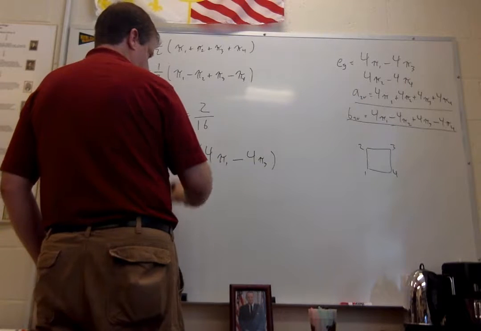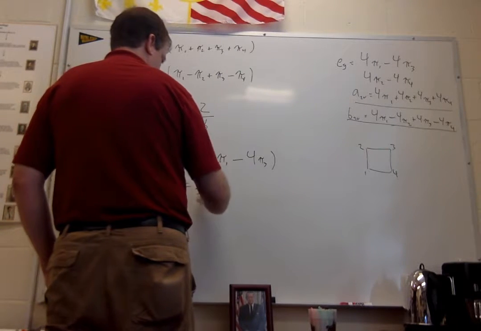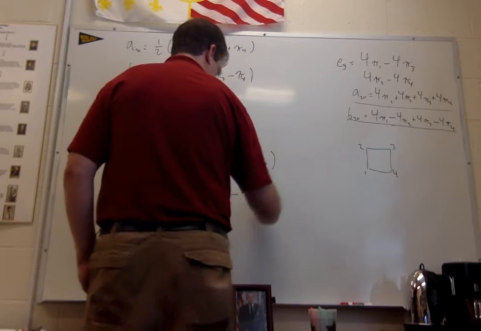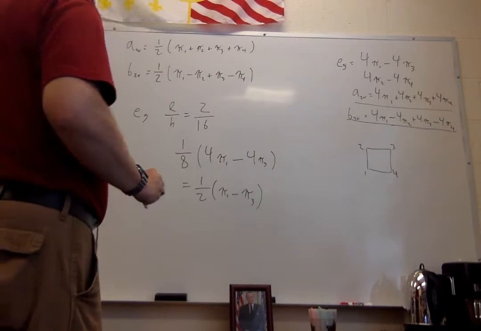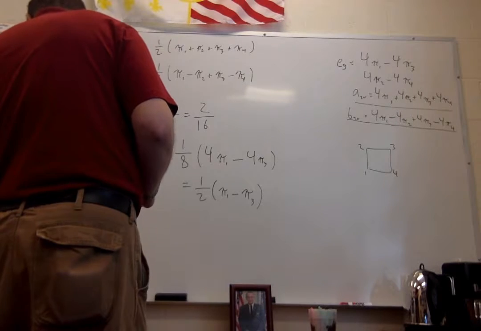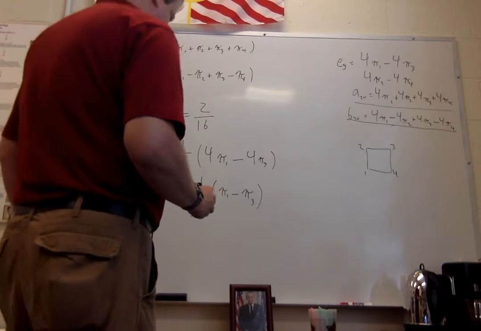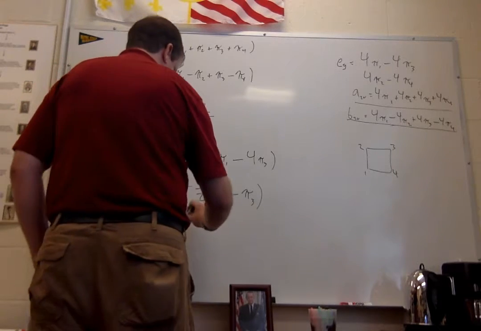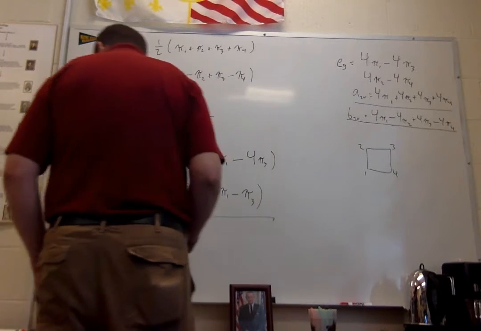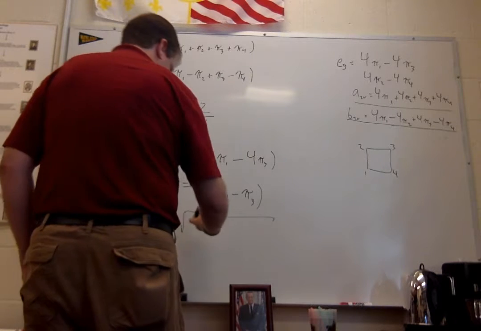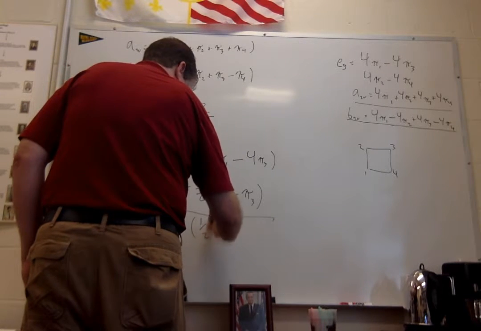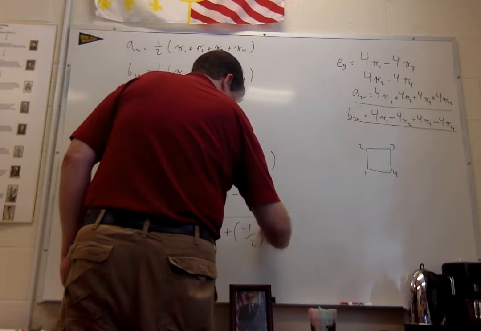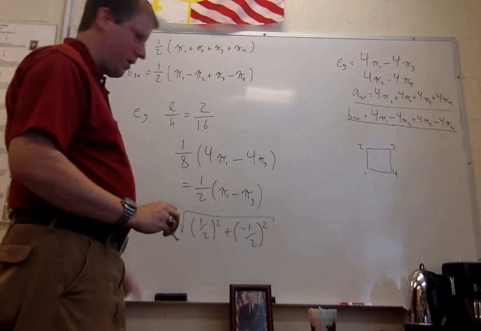This becomes 4 over 8, or 1 over 2, pi 1 minus pi 3. We're then going to take the square root of the sums of the squares of coefficients, 1/2 squared plus -1/2 squared, square root of the quantity.